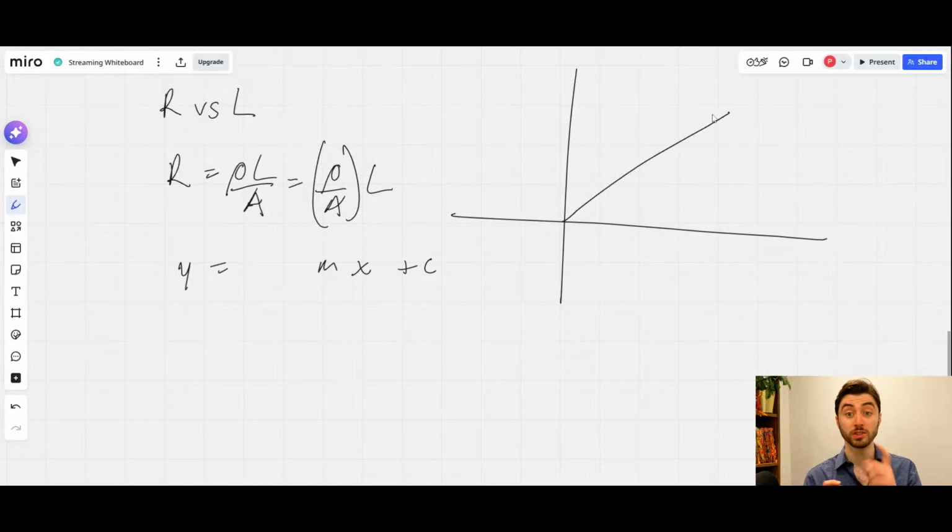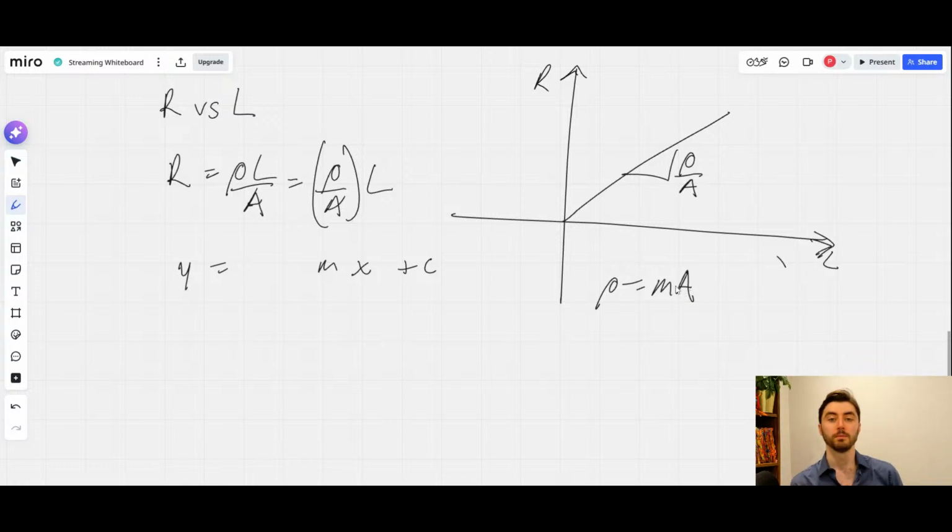So I expect it to be directly proportional, a straight line through the origin, and I expect the gradient to be equal to rho over A. So to find rho, you get experimental results for the resistance of a wire of different lengths, plot them, take the gradient, and then rho is equal to the gradient times A, the cross-sectional area. This is how you do it in practice.